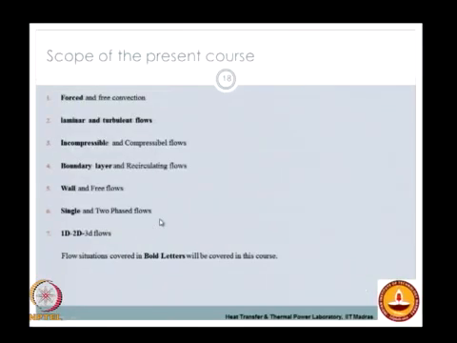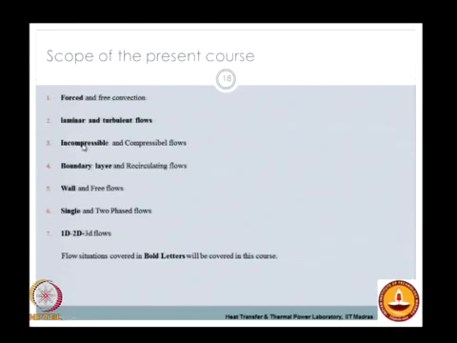To summarize the scope of the present course, since we have looked at the classification of convective heat transfer based on the flow regimes, based on the geometry, and based on whether you are talking about single or two phase flows, we will decide the scope of the present course. We will look at both forced convection and free convection, and both laminar and turbulent flows.